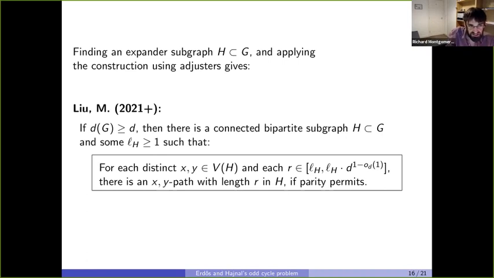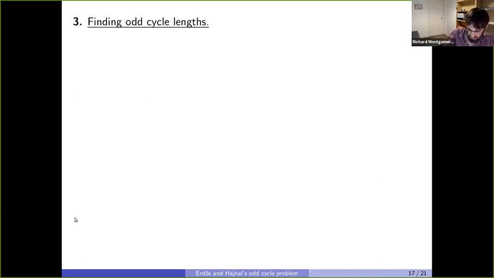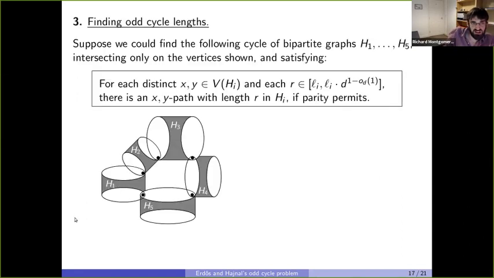It's strong enough to let us then quite naturally move to finding odd cycles instead of even ones. So we're really good at finding bipartite graphs which have this boxed property. So suppose we could find the following, which is kind of like an odd cycle of bipartite graphs.